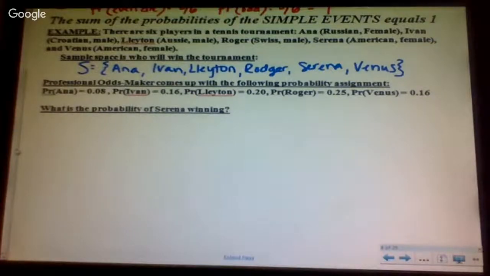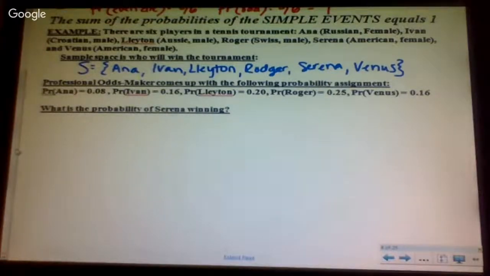We had a professional odds maker that came up, and it says that Anna has 0.08 probability of winning. Ivan has a 0.16, Leighton has 0.20, Roger has 0.25, and Venus has 0.16. The only person they don't tell us about is Serena. How do I find Serena?